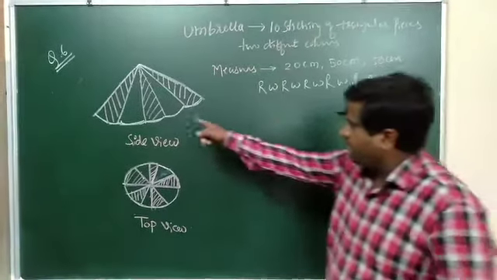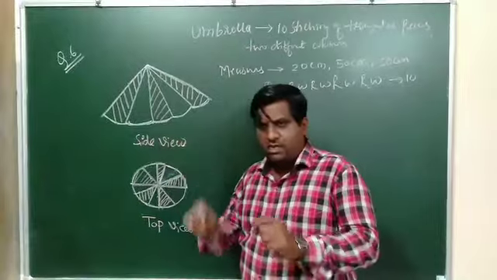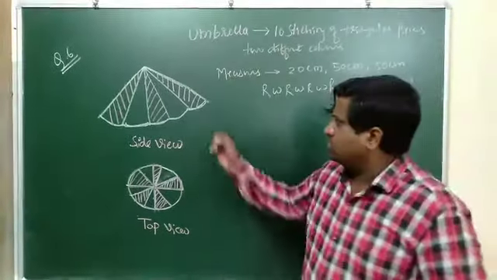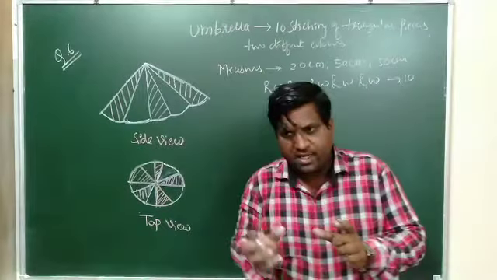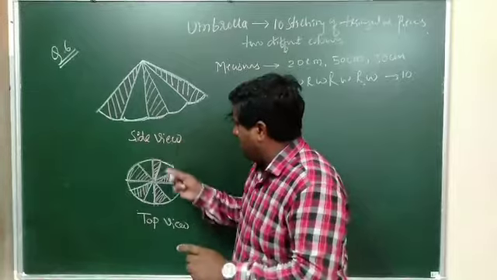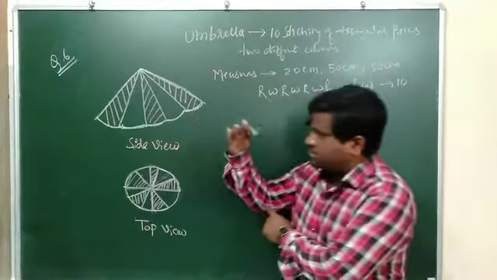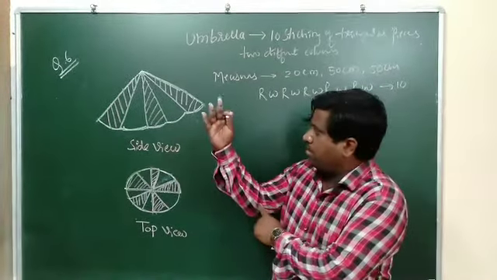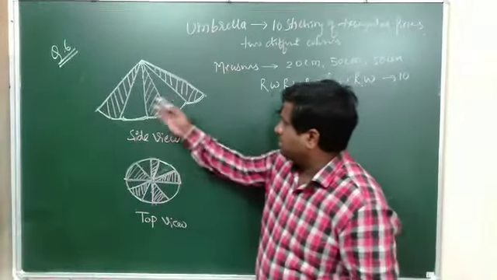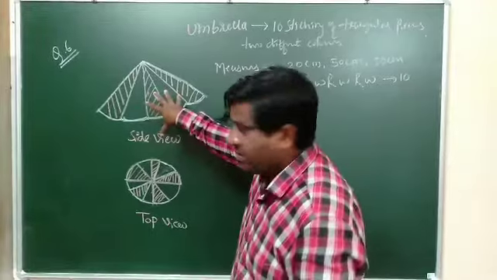So in this manner we have to assemble those pieces to make a beautiful umbrella. How does it look? If I tilt that umbrella and you are standing somewhere here, this is how it seems.